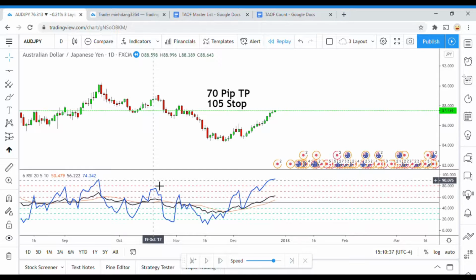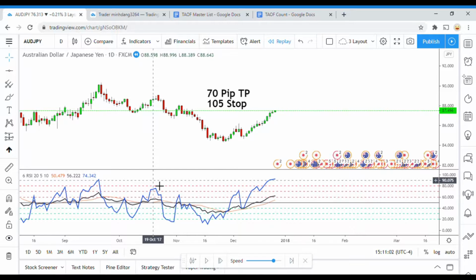But basically, the RSI is a strength indicator. But what it really is mostly used for, if you're trying to trade it just specifically looking for a signal to go long or short, is as a reversal indicator.